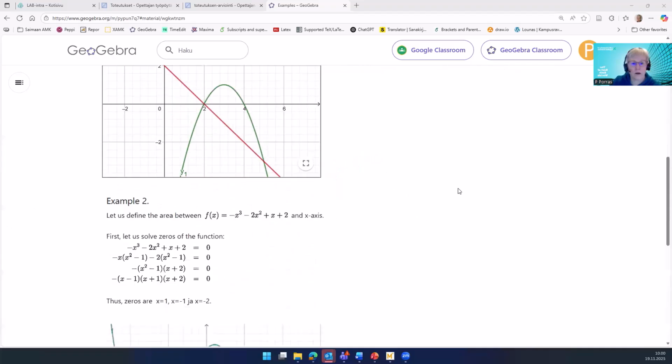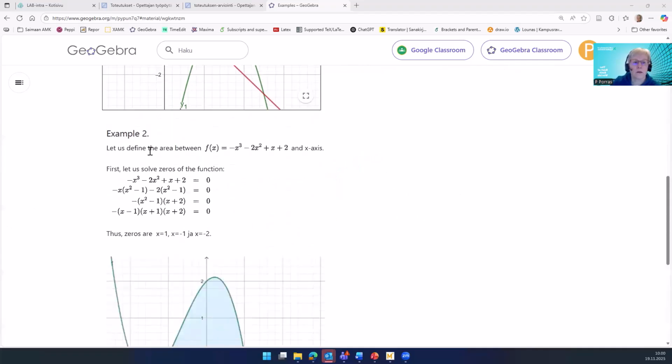In the next example, let us define the area between minus x cubed minus 2x squared plus x plus 2 and the x-axis. Once again, we have minus x cubed. There is a minus, so it's going downward.